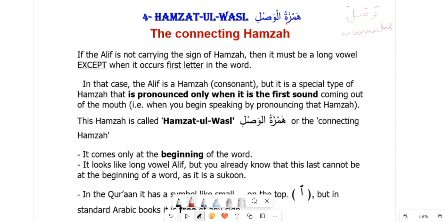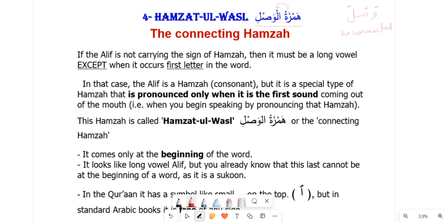And whenever you see this hamza, it gives you one message: please, whenever you see me, omit me and continue your recitation. Don't ever pronounce me. That's the message it gives. For example, here in this word, hamzatul wasl, how do I pronounce it?